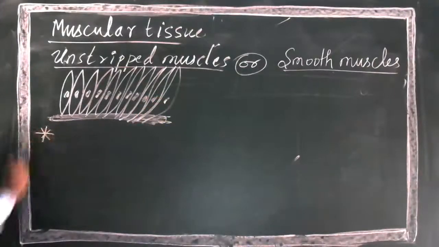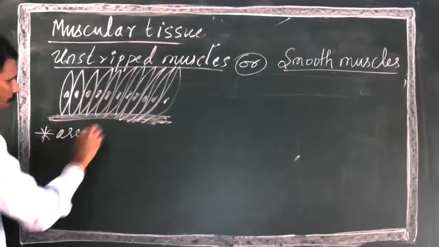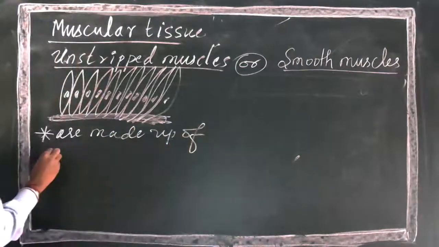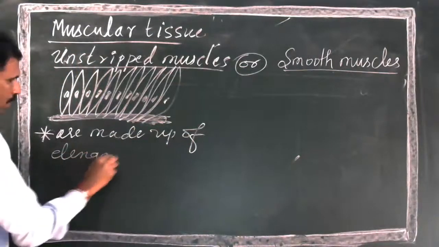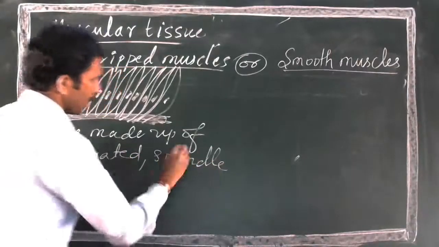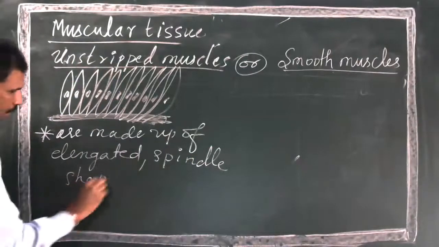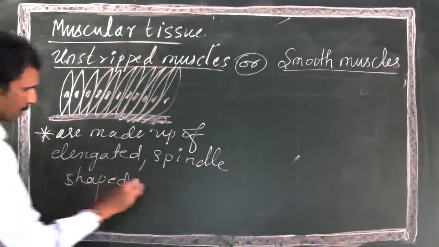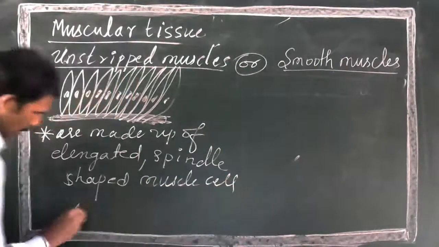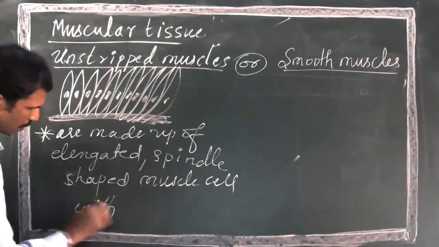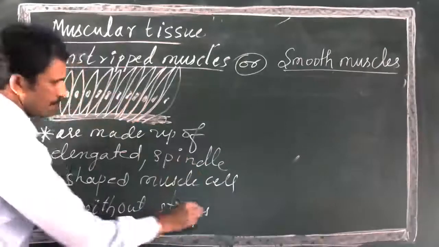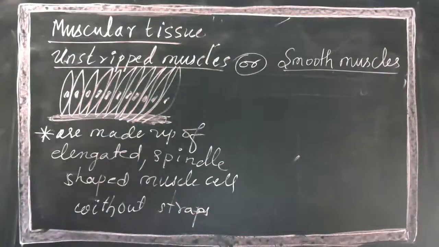Unstriped muscles are made up of elongated, spindle shaped muscle fibers, muscle cells, without stripes.